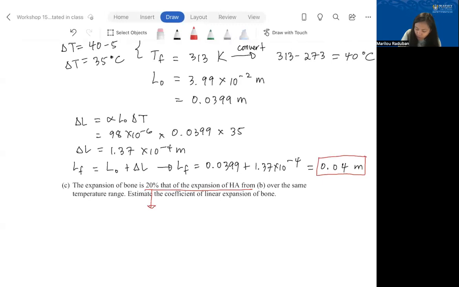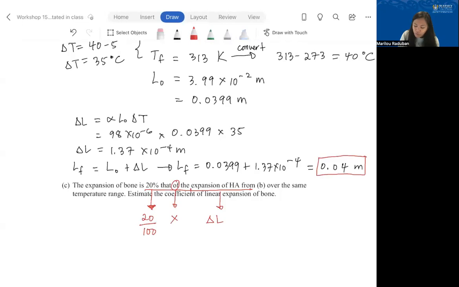Right, so we already encountered this last time in fluids. If we put this statement in equation form, 20%, that means 20 divided by 100. Okay? And then "of" means a multiplication sign. So 20% of the expansion of HA, that expansion of HA was the delta L that we calculated earlier.